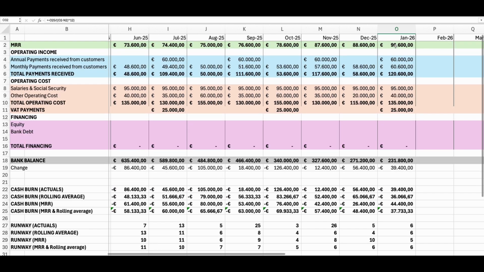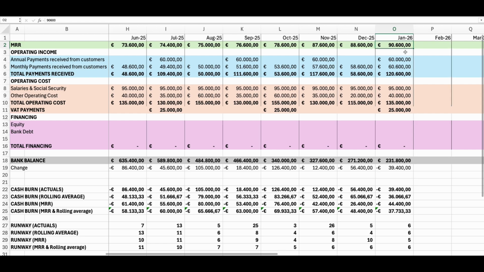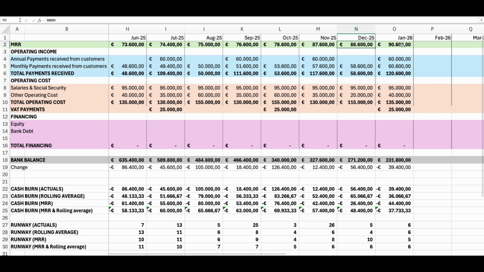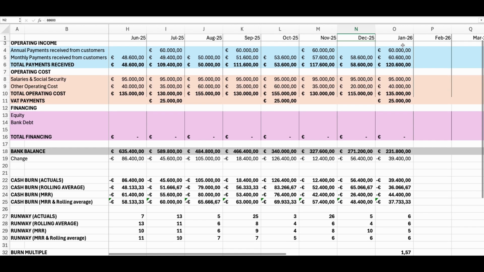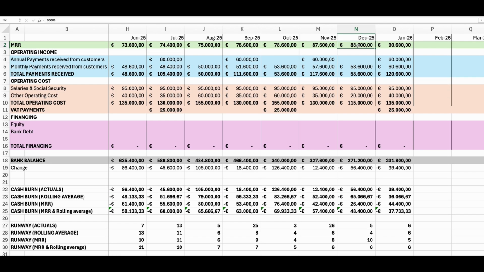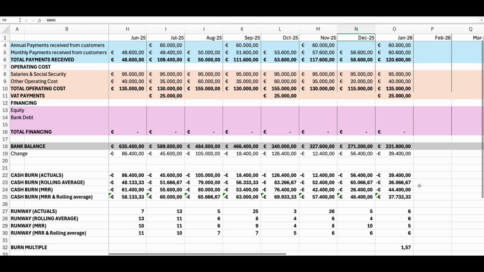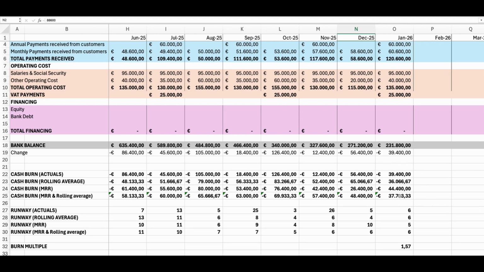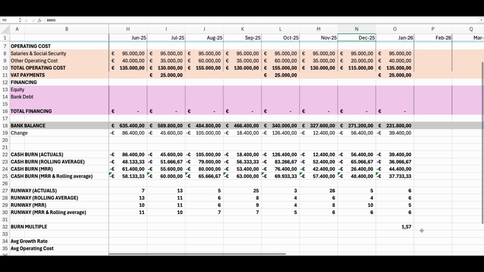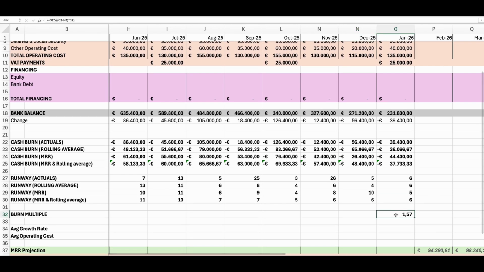We're basically taking our MRR number from January and subtracting December, so that gives me a difference of 2,000, and we're multiplying that by 12. So we're having 24,000 in additional ARR. So we're having 37,000 cash flow divided by 24,000 new ARR created, which gives us 1.57 or 1.6 as a burn multiple. So we're not in a bad situation here, right?